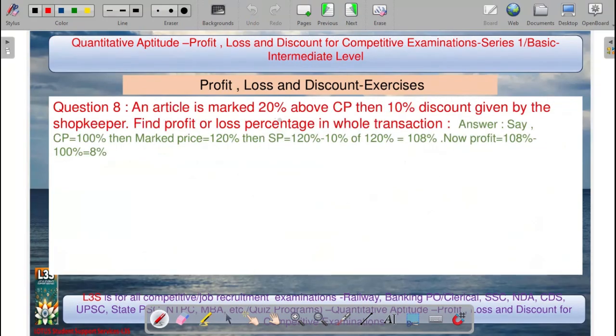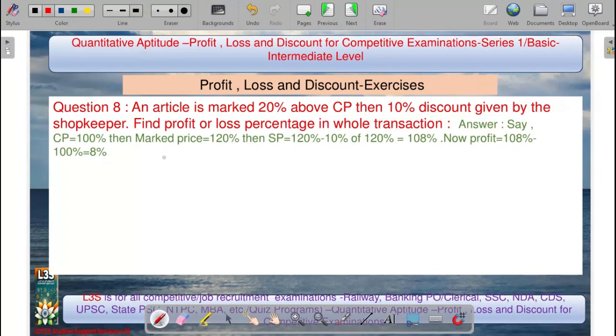An article is marked 20% above CP, cost price, then a 10% discount is given by the shopkeeper. Find the profit or loss percentage in the whole transaction.